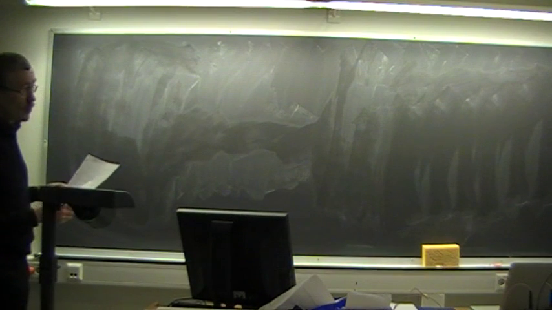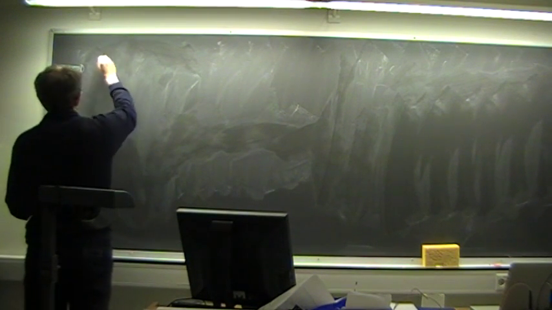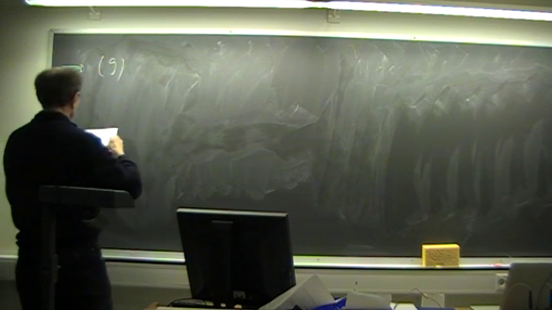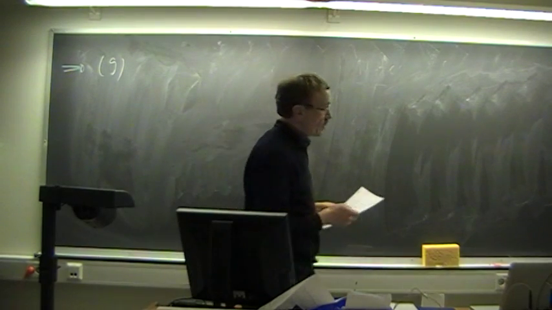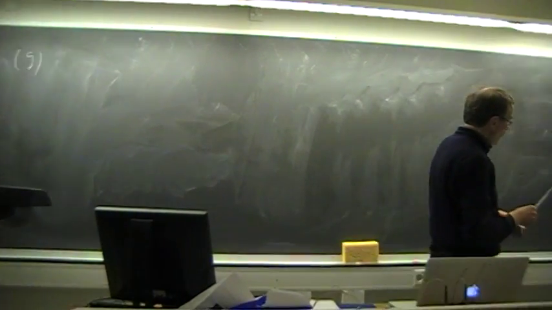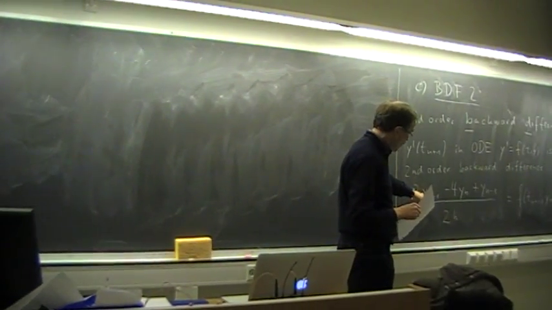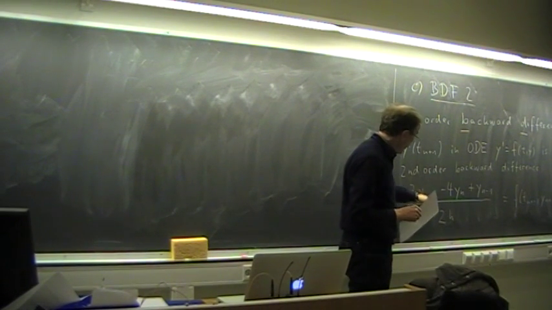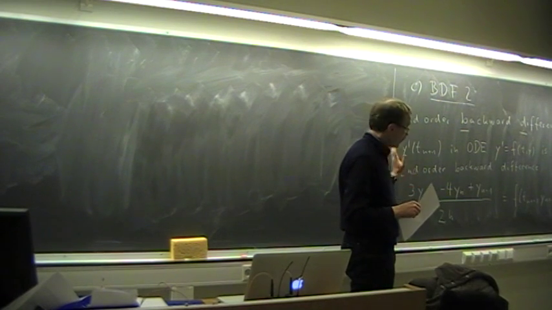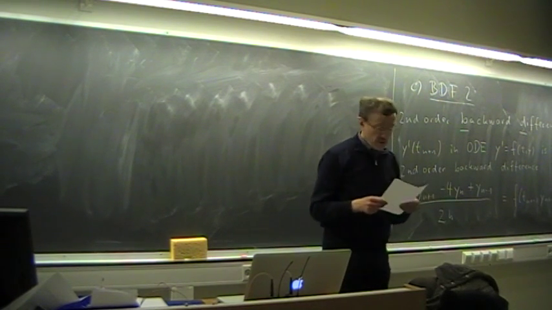From using this approximation that we just applied, we get then the formula of the BDF2, and if we write it in the form that we have been commonly using, then we would simply multiply by 2h and divide by 3, so that we have the yn plus 1 on the left hand side, and we put the rest on the right hand side.